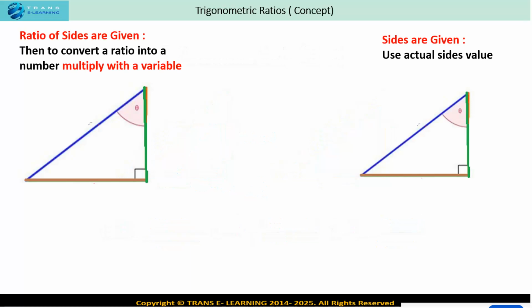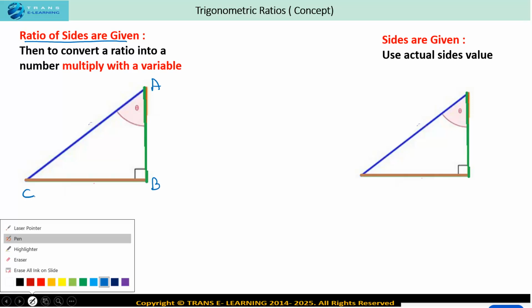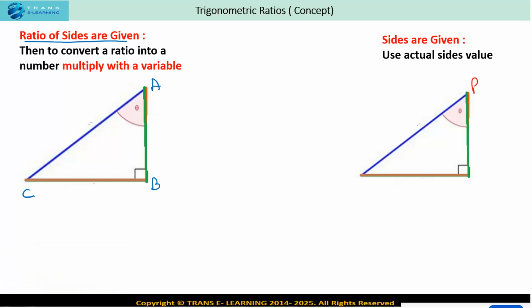The first concept is that there will be two types of questions. In one question, the ratio of the sides will be given to you. Let us consider this A, B, and C, and let us consider this as P, Q, and R. Suppose here tan C is given as 4 upon 5.